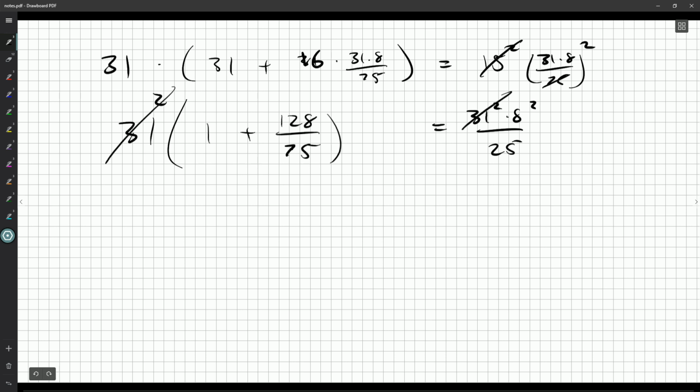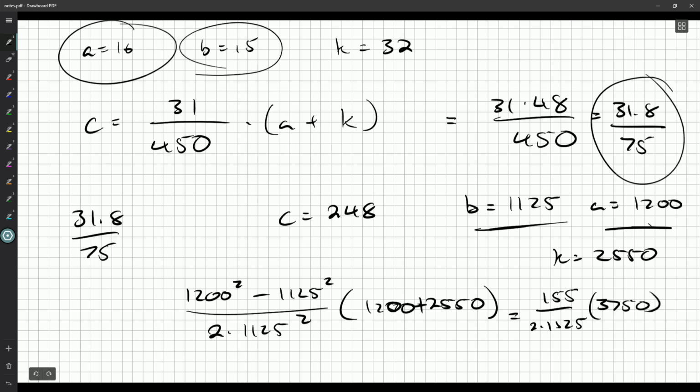And then 128 over 75 plus 1 multiplied by 25 is not 64. Not 64, so my answers here don't seem to satisfy what we're looking at.